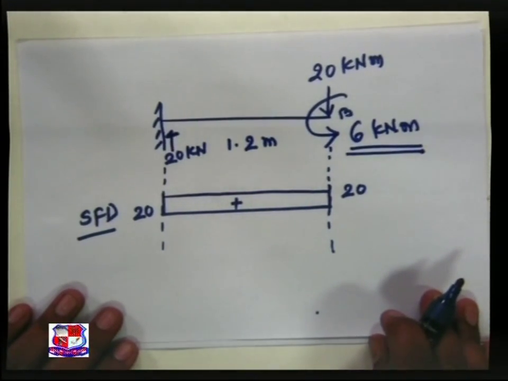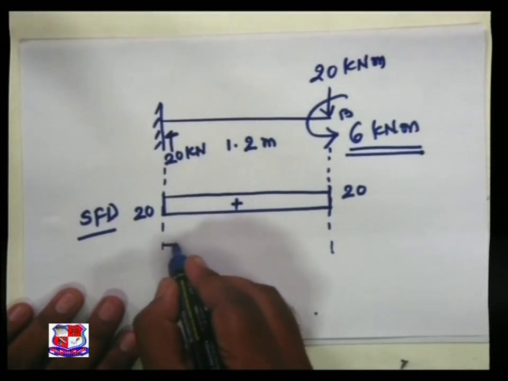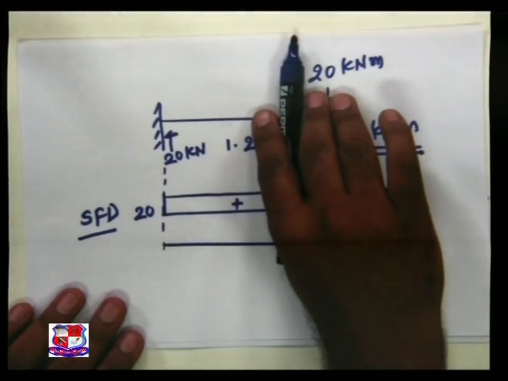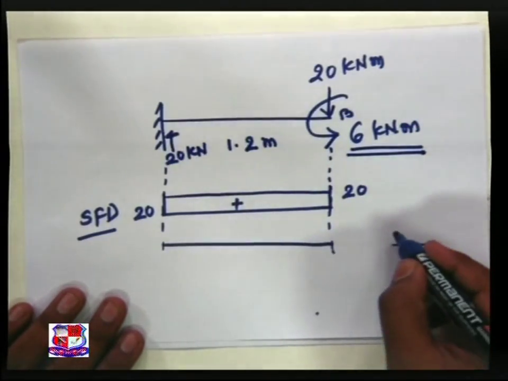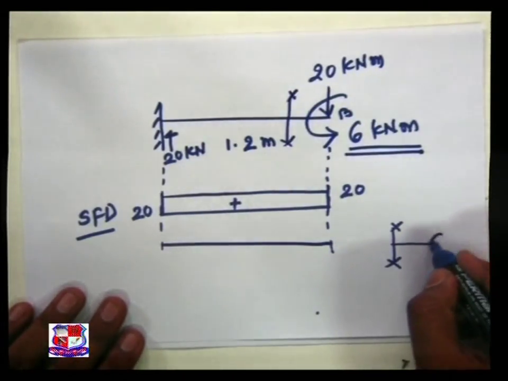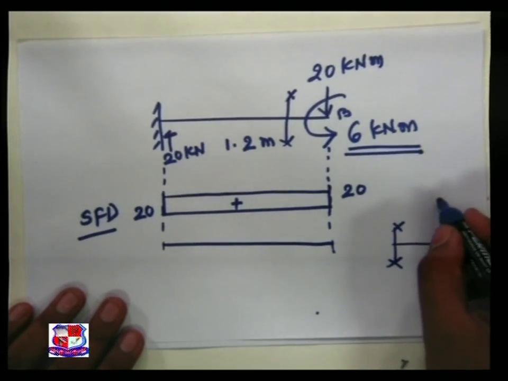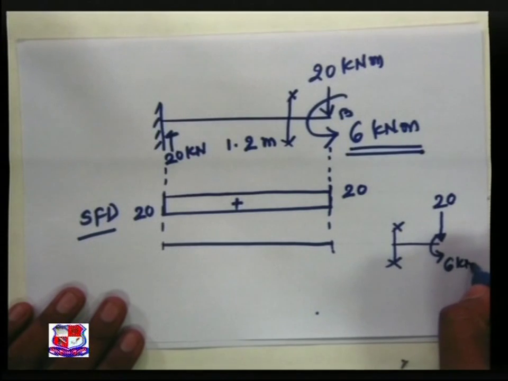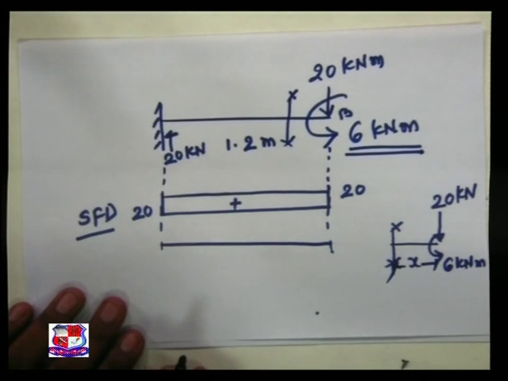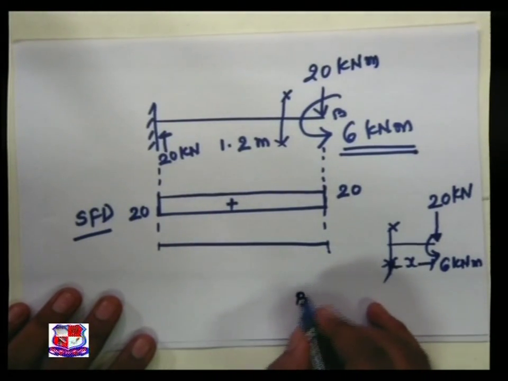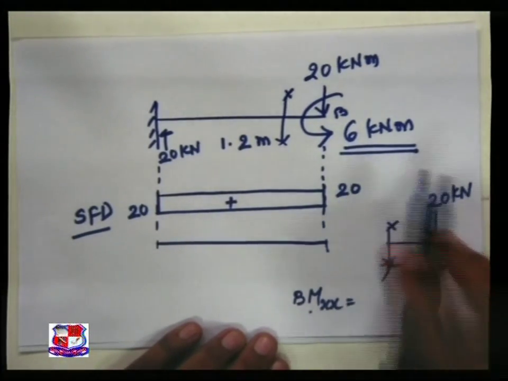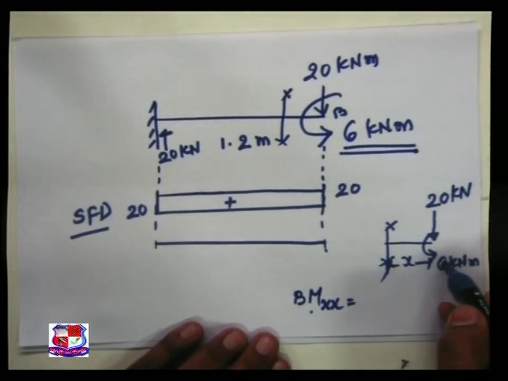Now let us go for the bending moment diagram. This is my baseline. If we take a section over here, section XX, moment and load are both acting. So the bending moment at XX is equal to section right anticlockwise.